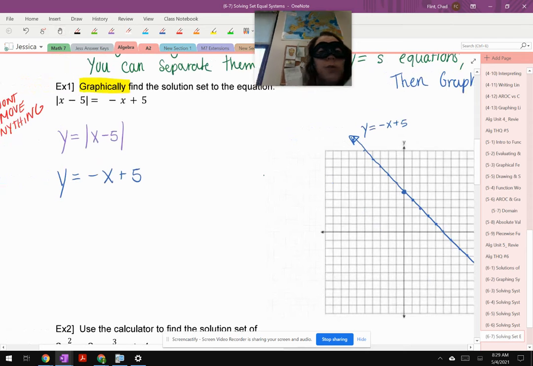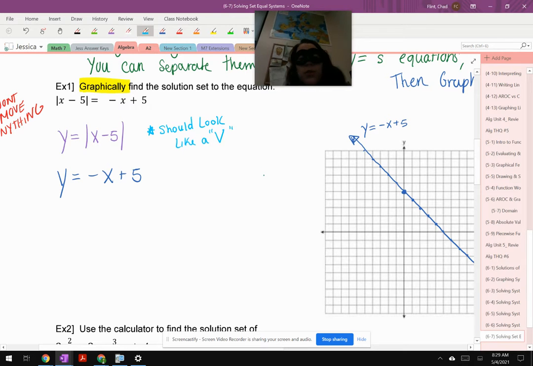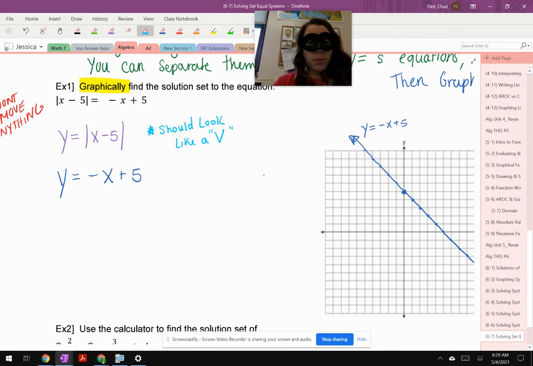Okay, so now note on the purple equation, the purple equation has an absolute value. You need to remind yourself that this should look like a V. A lot of you made that mistake in our first couple of lessons when you graphed an absolute value and you ended up with a straight line instead of the V shape.